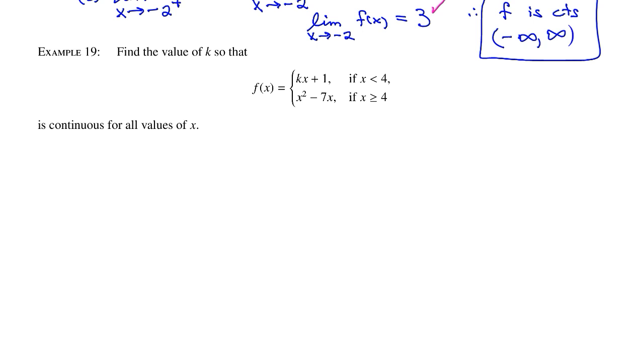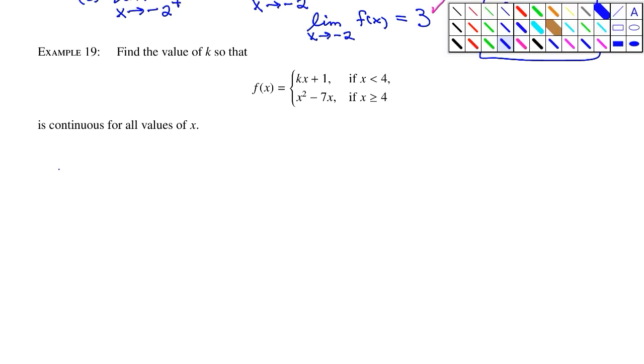The first thing I would want to know is the limit. Let's look for the limit as x approaches 4. Again, it's one of these situations where we have polynomials before 4 and a polynomial after 4, so the only real concern is at 4. In order to figure out what this limit is, I need to find the left limit.